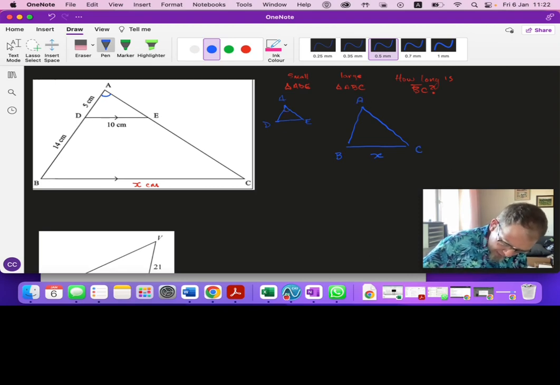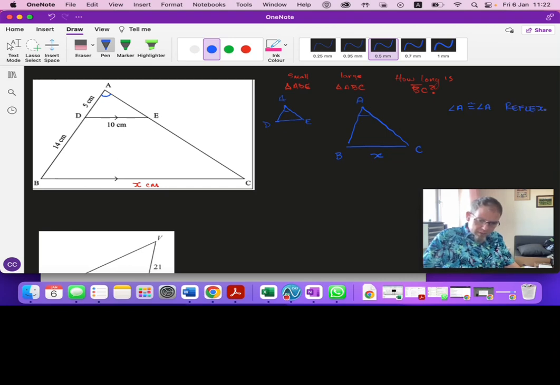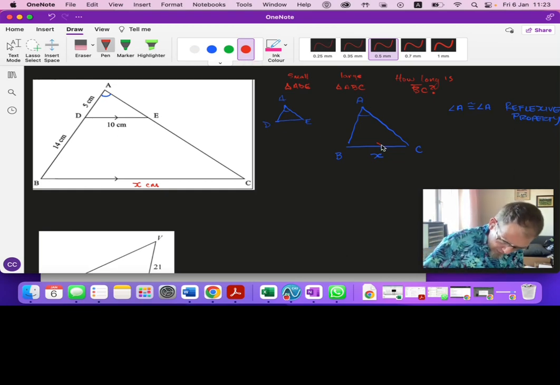So right now, I can definitively say that angle A is the same as angle A. It's the reflexive property. Angle A is congruent with itself. We use that whenever we have two of anything that are the same. Next, notice that this and this are parallel with one another.